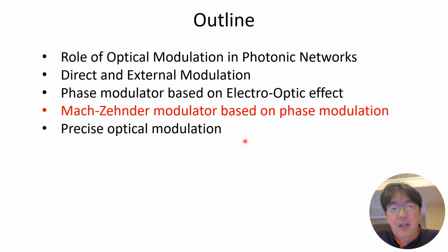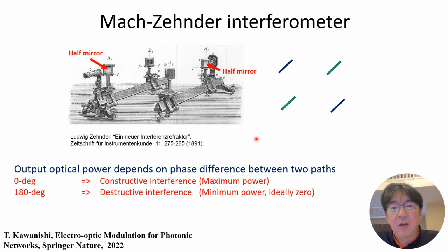Okay, here I'd like to move on to the fourth of the topics, Mach-Zehnder modulator based on phase modulation. Firstly, I'd like to explain the Mach-Zehnder interferometer. It was invented by Mach and Zehnder in 1891.